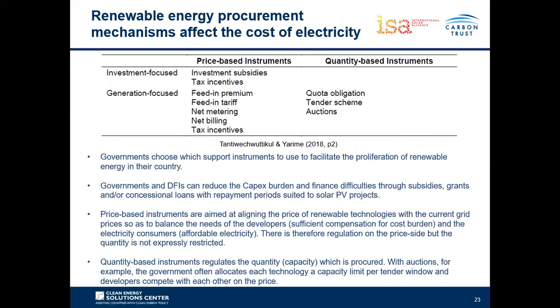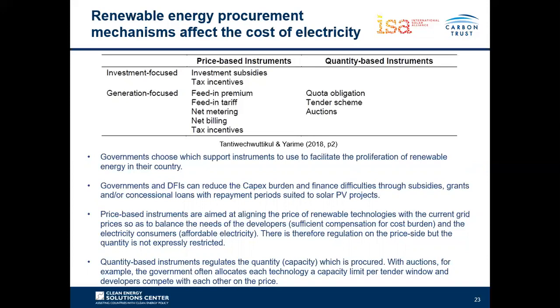So developers know they can develop whatever scale project they can afford to build, but it must be within a certain feed-in tariff cap. And so the price is known, but the quantity is up to the developers to determine.